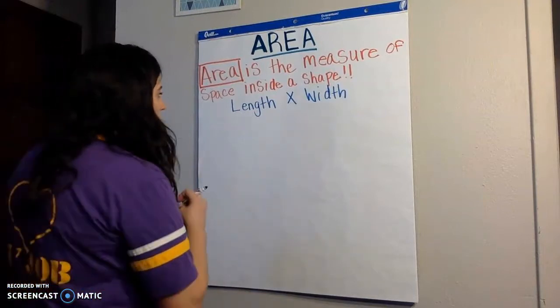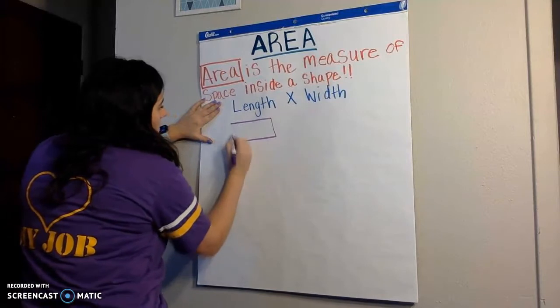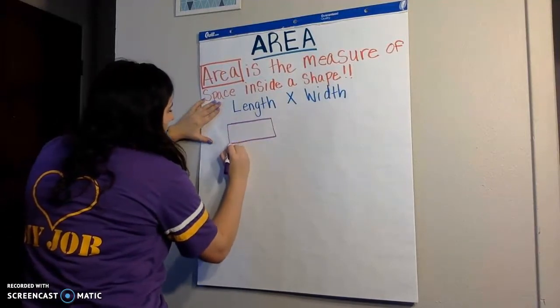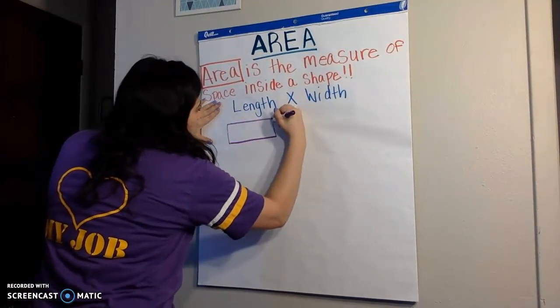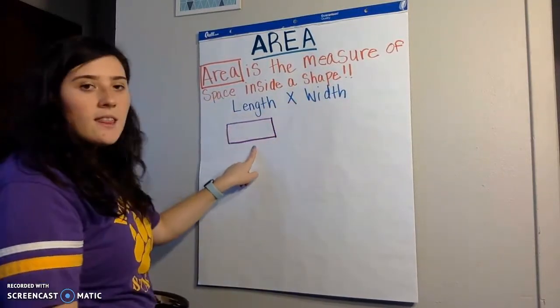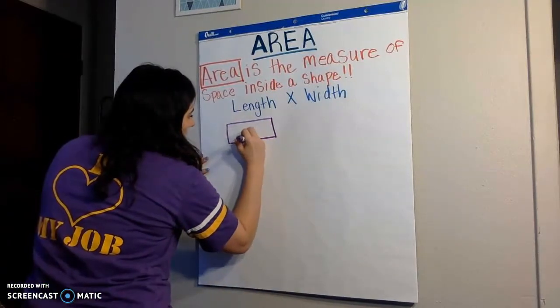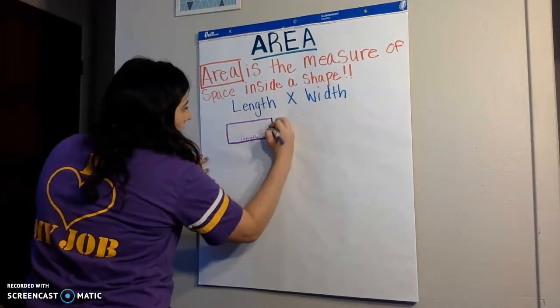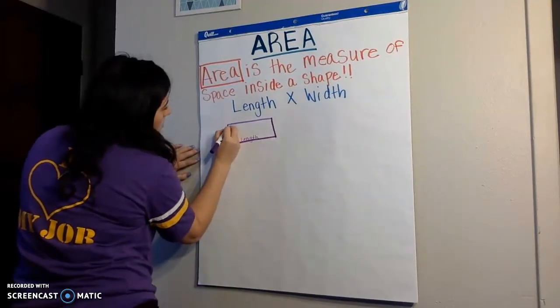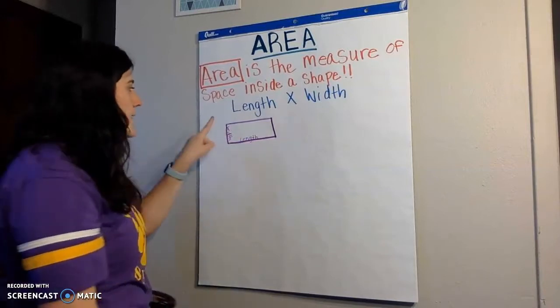The shape I'm going to start off with, super easy, is this rectangle. This is my length side right here, so I'm going to say length. And on this side, this is my width. So length times width.